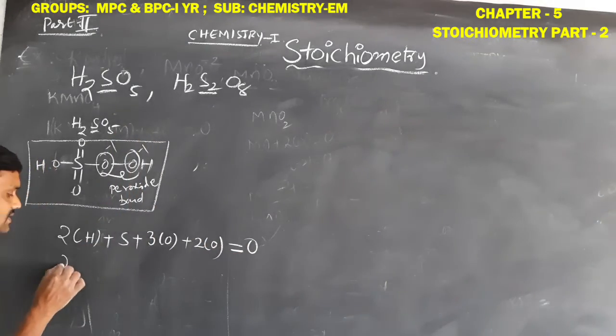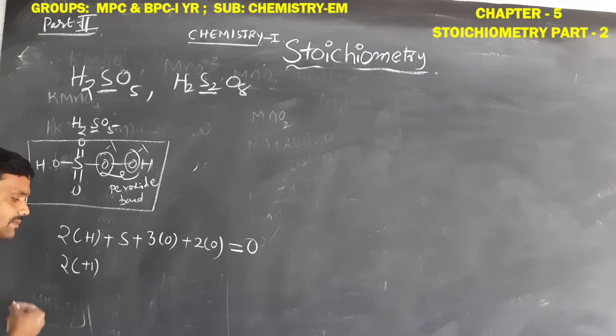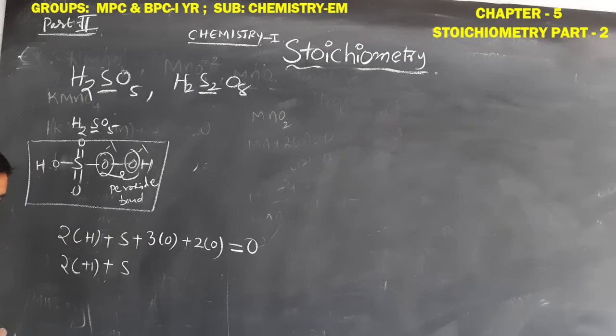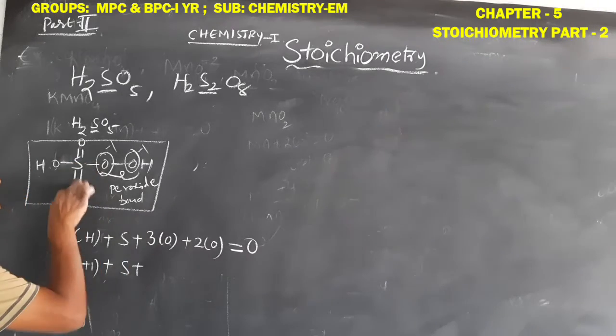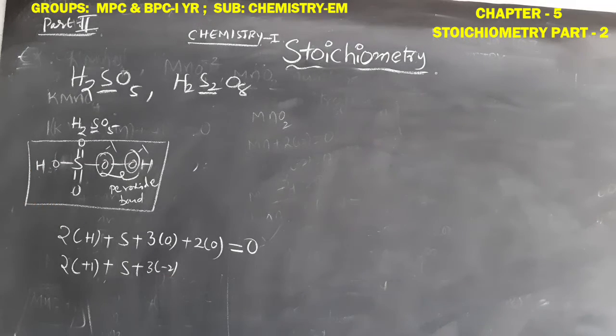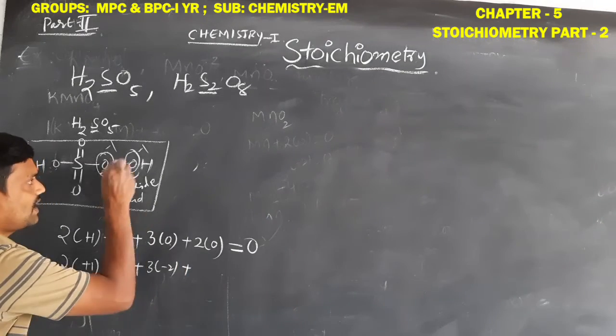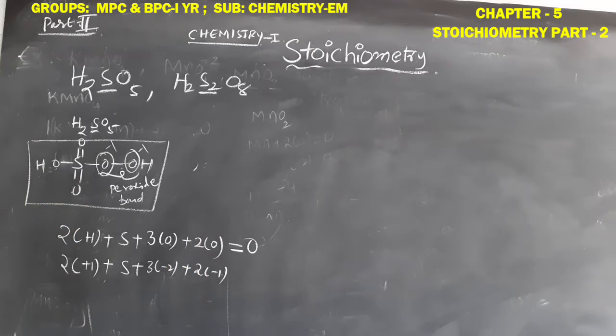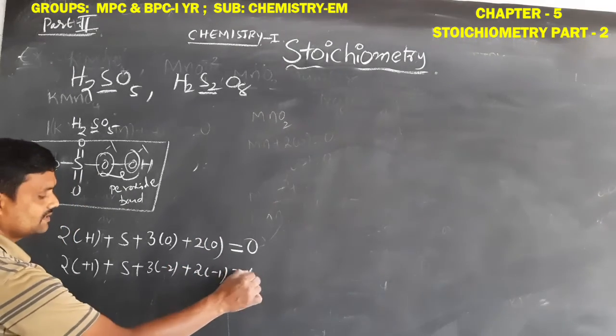Okay, students. So already we have to know hydrogen oxidation number is constant plus 1. Sulfur can be determined. And 3 oxygens oxidation number is minus 2 because they are involved in the covalent bond. And 2 oxygens are involved in the peroxide bond. So its oxidation number is minus 1. Okay, students, is equal to 0.